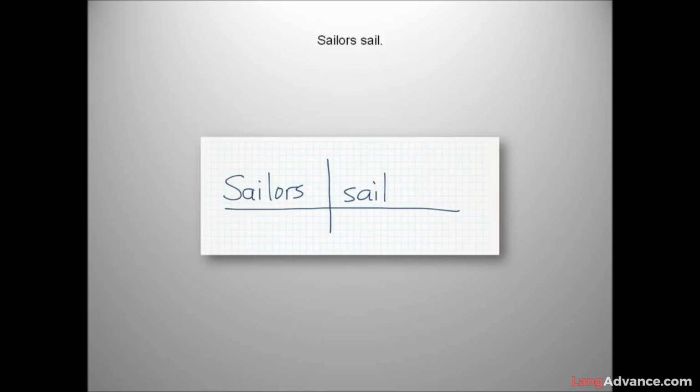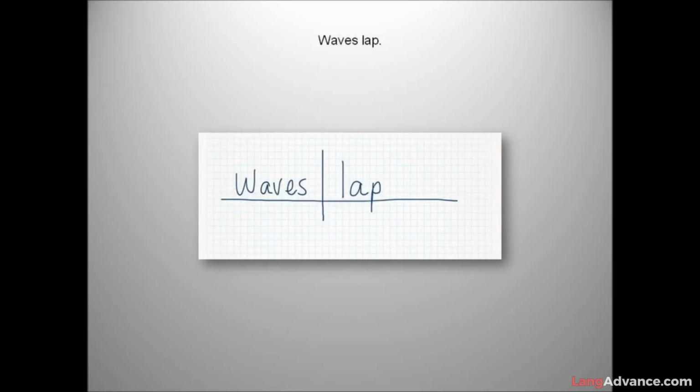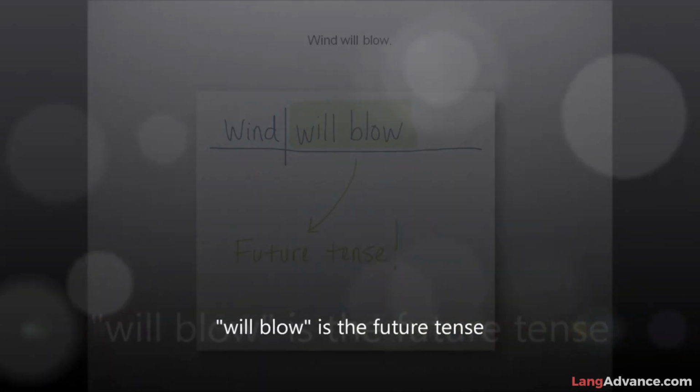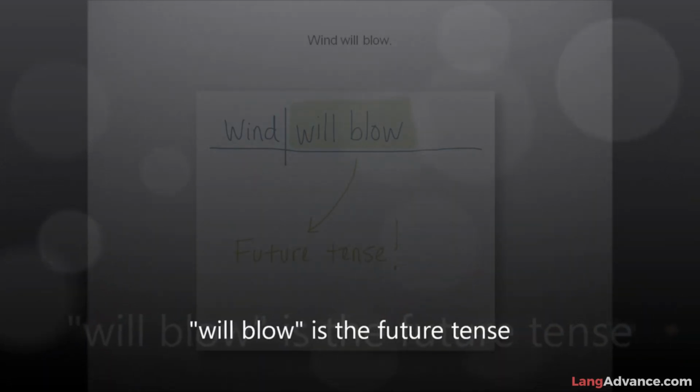All right, sailors sail. I have sailors on the left side, sail on the right side of the divider line. Sailors is the subject, sail is the verb. Waves lap. Waves is the subject. Lap is the verb. Wind will blow. Wind is the subject. Will blow is the verb in the future tense.